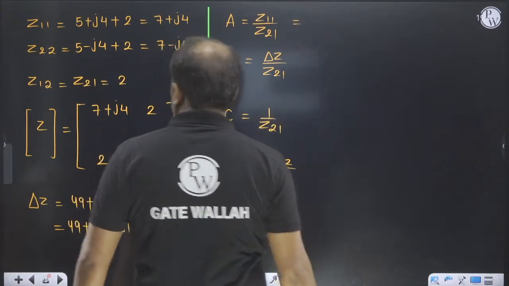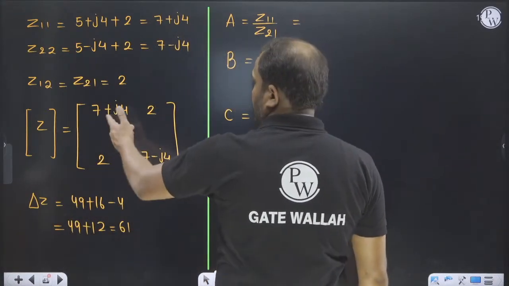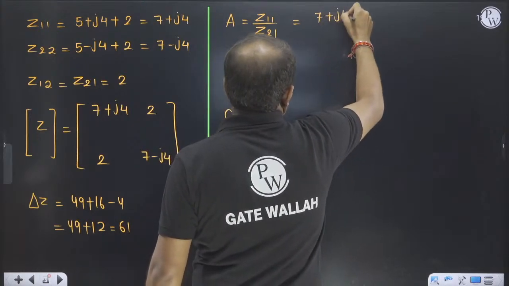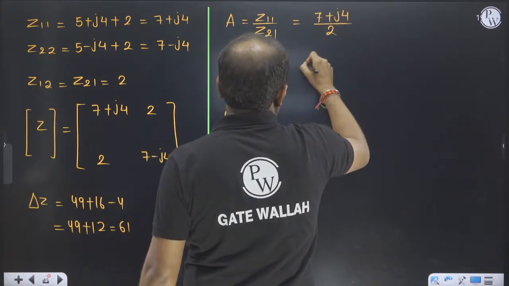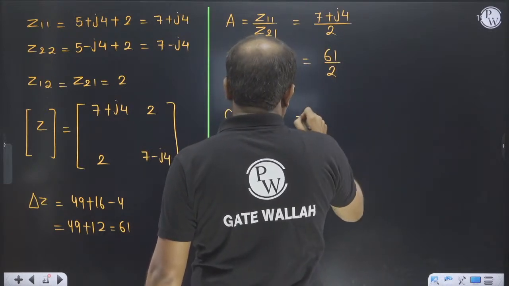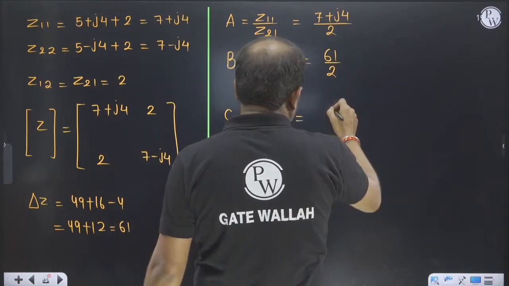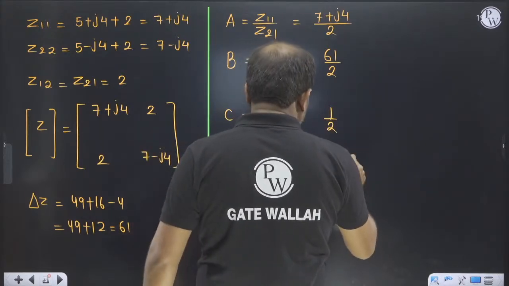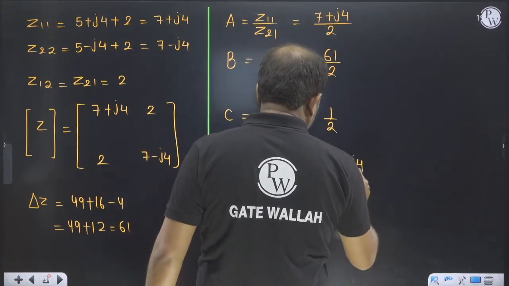Z11 upon Z21: Z11 is 7 plus j4 upon Z21 which is 2. Delta Z is 61 upon 2, and 1 by Z21 is 1 by 2, and Z22 upon Z21 is 7 minus j4 divided by 2.